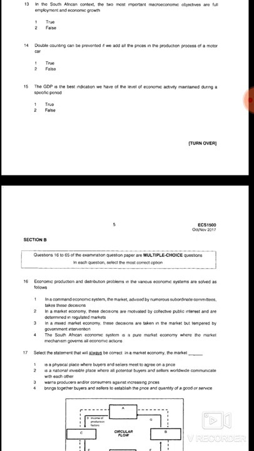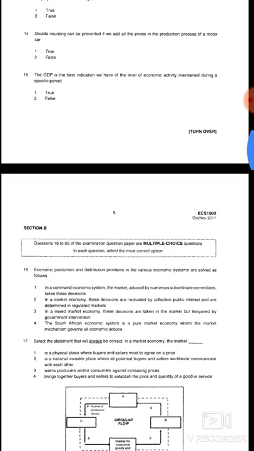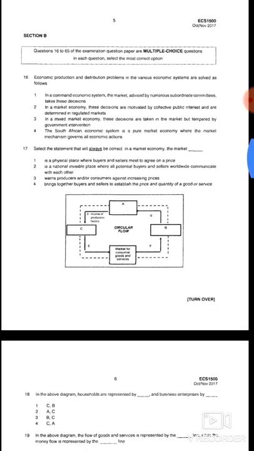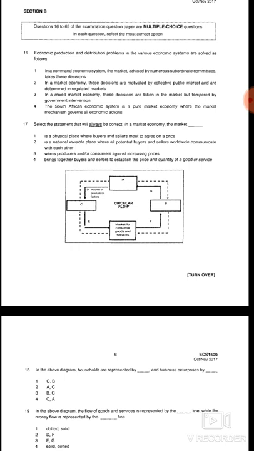So it's the value of output of goods and services produced, not the level of economic activities. Oh, no. Okay.